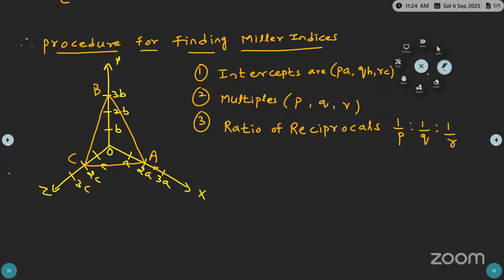Once I'm repeating the last point: convert these reciprocals into whole numbers by multiplying each with their LCM to get the smallest whole number. Right? Full stop. Next point.